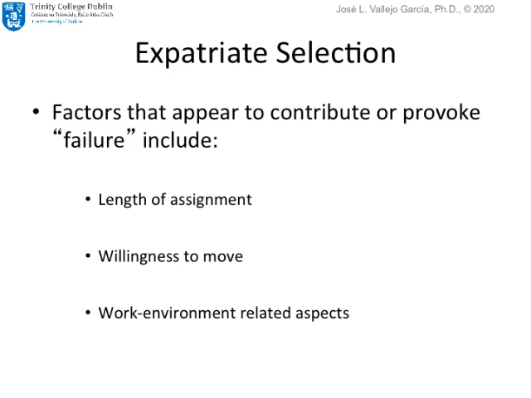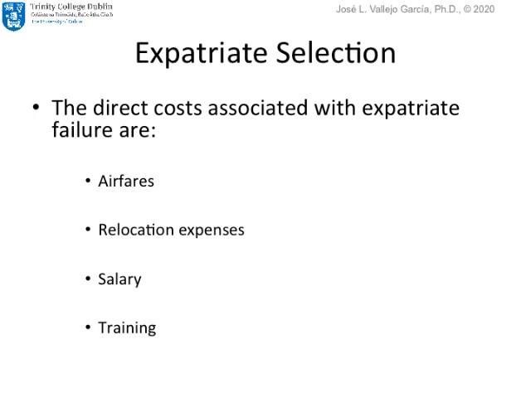So the direct costs associated with the expatriate failure in this case are the airfares. Of course, if you buy flight tickets for the candidate and the whole family, and then he fails, that's a lot of money gone there. Relocation expenses. This is one of the most expensive aspects of expatriation.